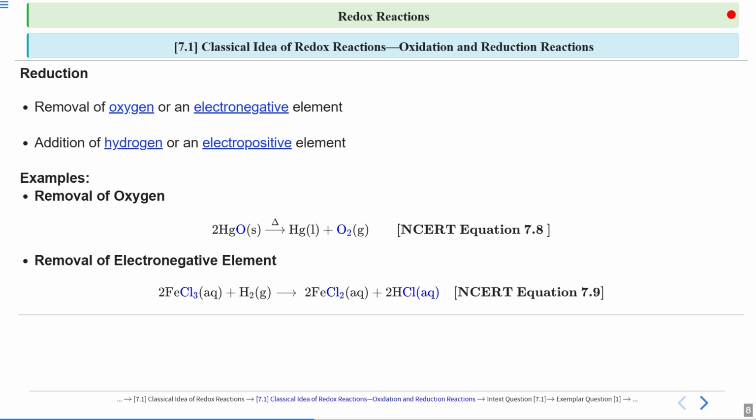And we know that chlorine is an electronegative element, and there has been a removal of an electronegative element from the reactant, as can be clearly seen in the product. Hence, we can say that the removal of oxygen and of an electronegative element is directly related to reduction reaction.